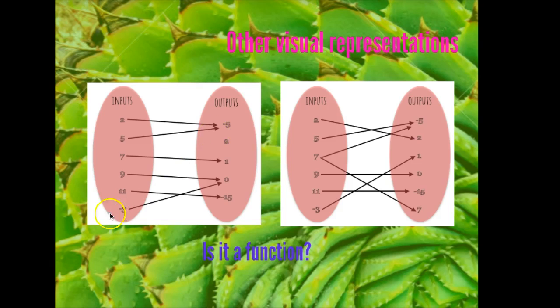Looking at this first image, we want to follow the set of arrows across, so looking from 2 to -5, 5 to -5, and make sure that each input has only one output. So is this a function, this set of numbers, or is it not a function? Why?